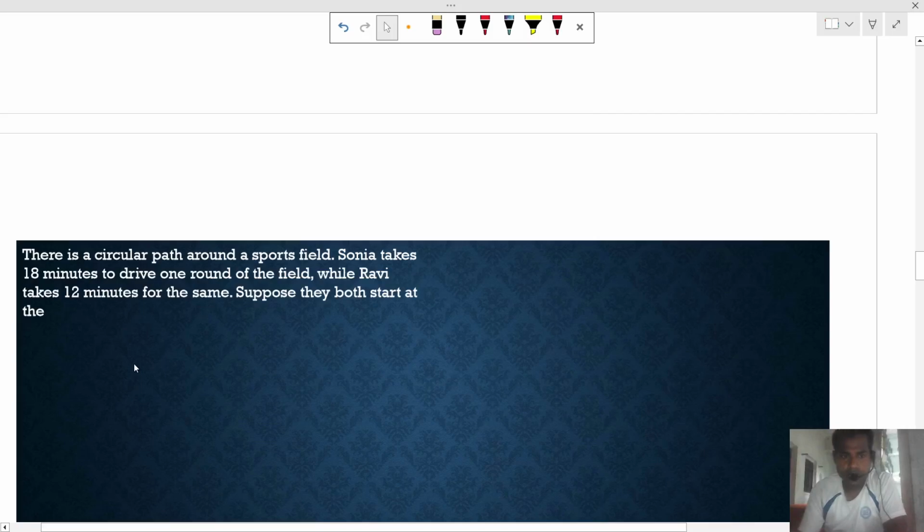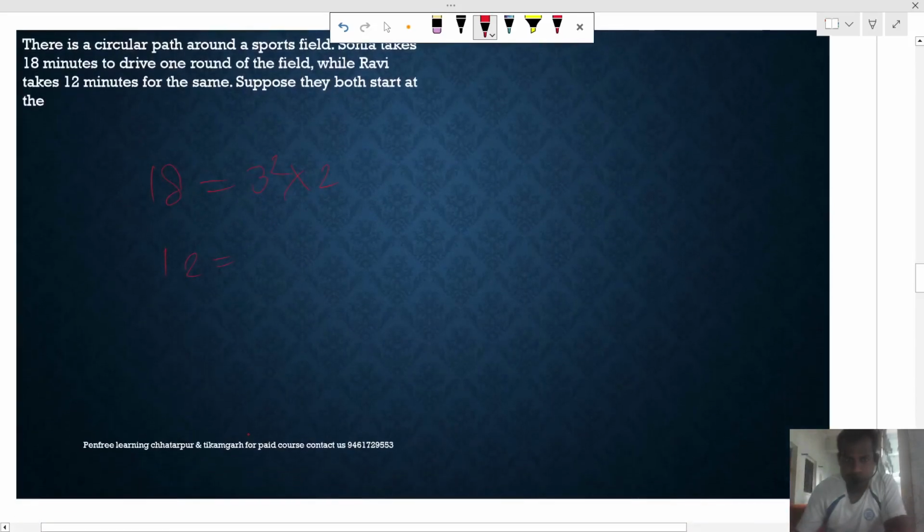Same story. We make prime factors. 18 is equal to 3 to the power 2 into 2. 12 is equal to 2 to the power 2 into 3.